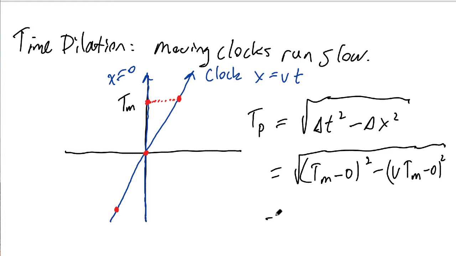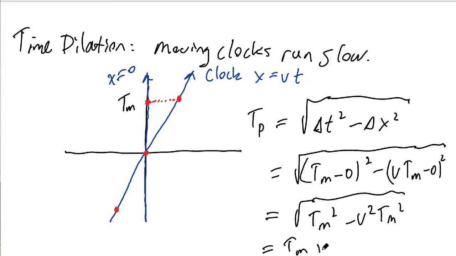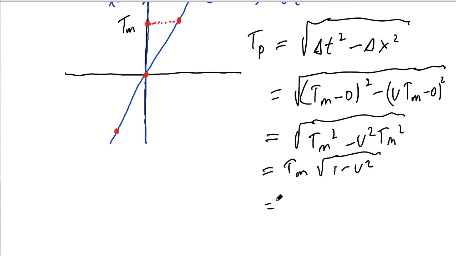All right, so this is square root of tm squared minus v squared tm squared. Factor out the tm, and we're left with 1 minus v squared under the square root, and that's just 1 over gamma.